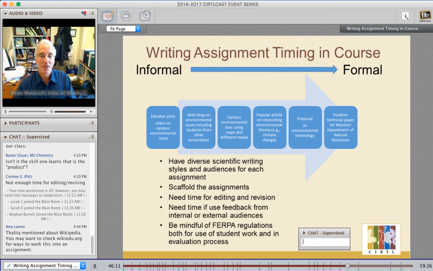The other one, which is more informal but can also be quite formal, is a web blog that they do on an environmental issue. What's great about this is we use the discussion board in Blackboard, and I can get students from other universities involved. They can be guests, and they can also put up blogs.